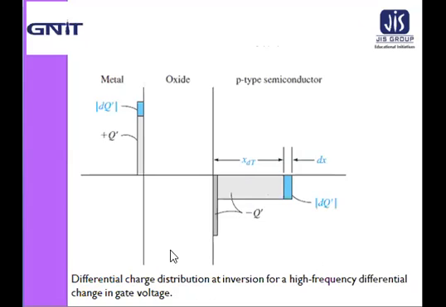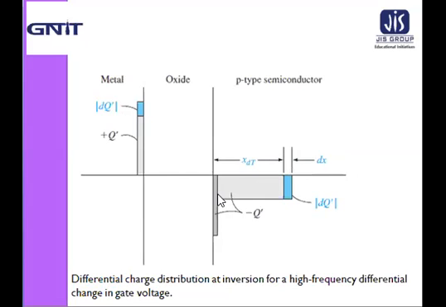This figure shows the charge distribution in the MOS capacitor with a P type of substrate. At a very high signal frequency, the differential change in the charge occurs at the metal and in the space charge width in the semiconductor. This is shown in this figure.